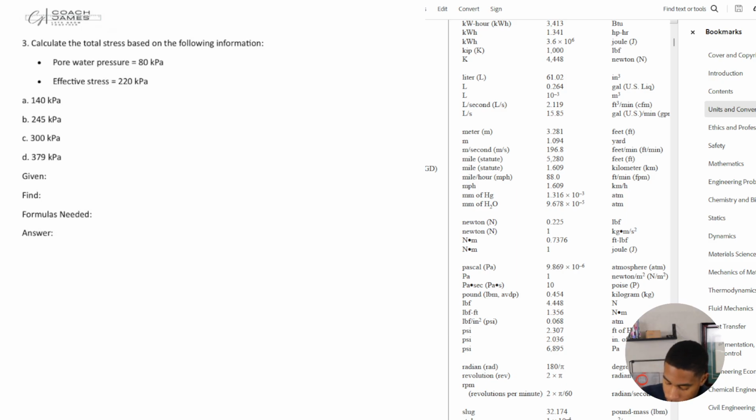We are given pore water pressure and also given effective stress. And they want us to find total stress.